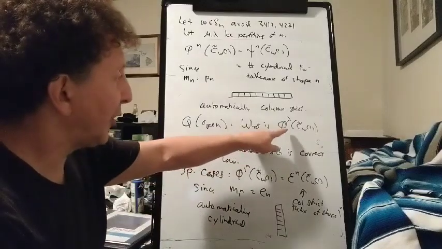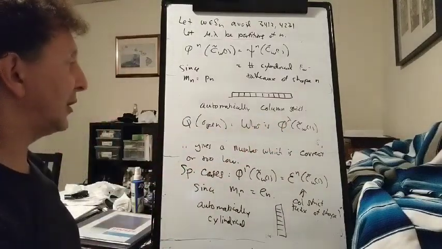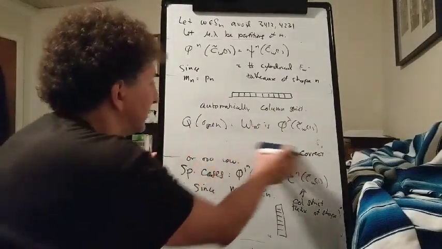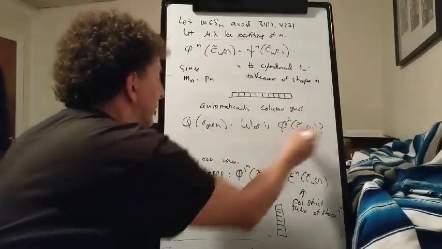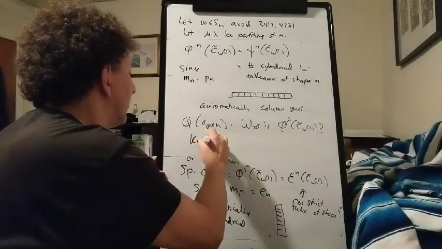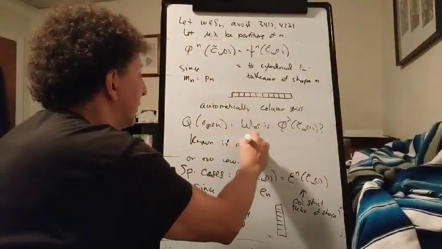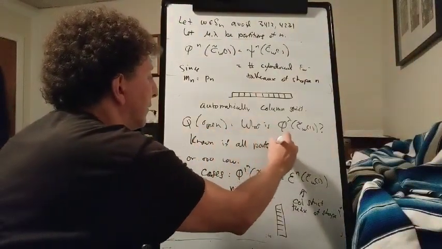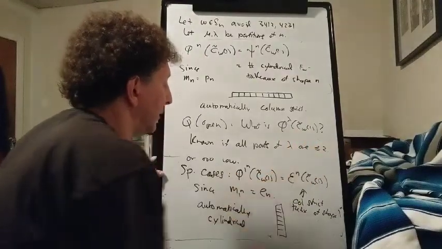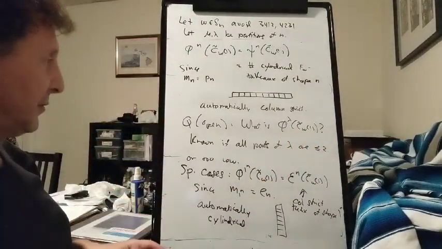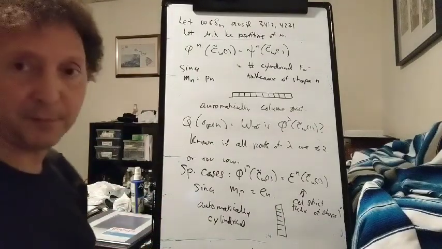It's known if all of the parts of lambda are 2 or less. And it's known if lambda is a rectangular shape.